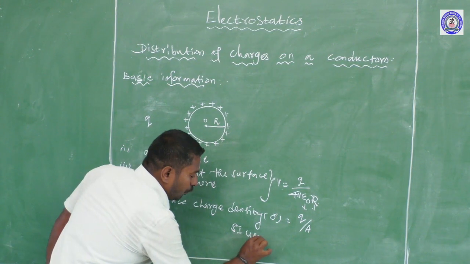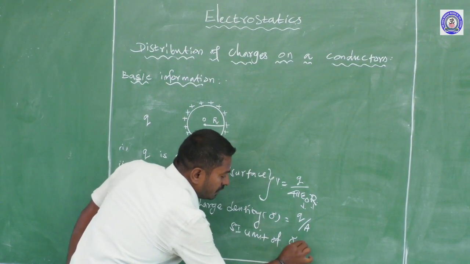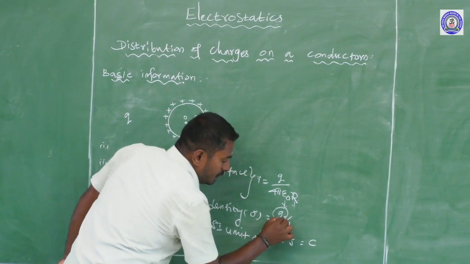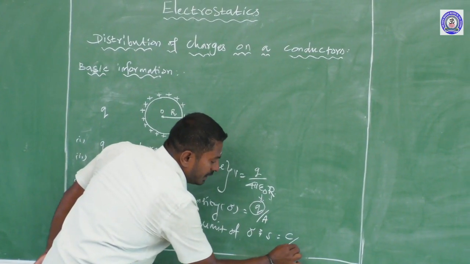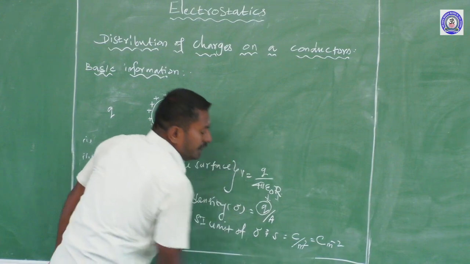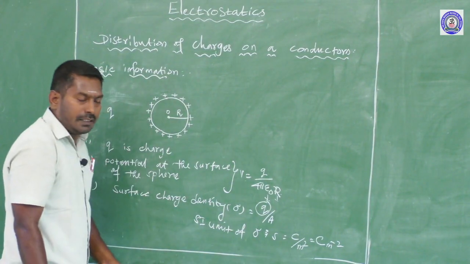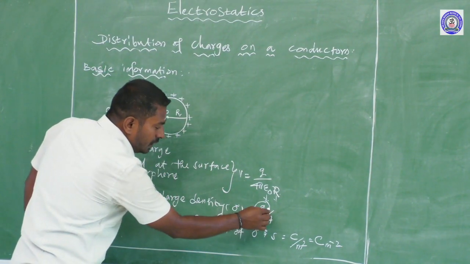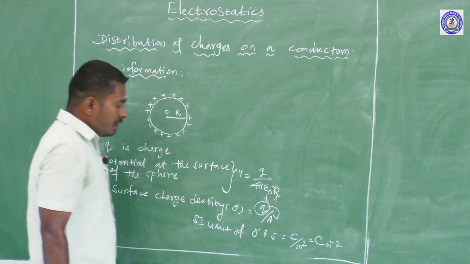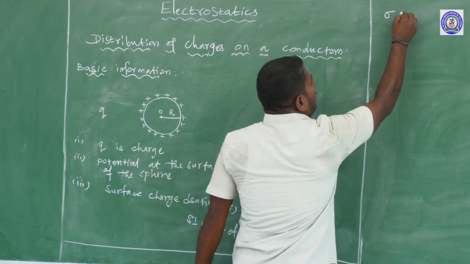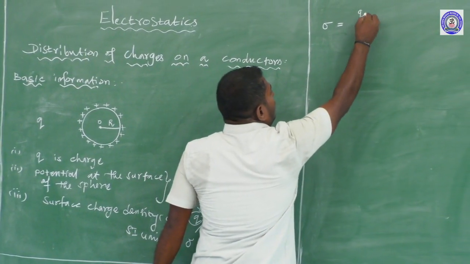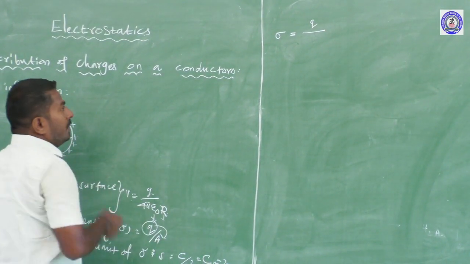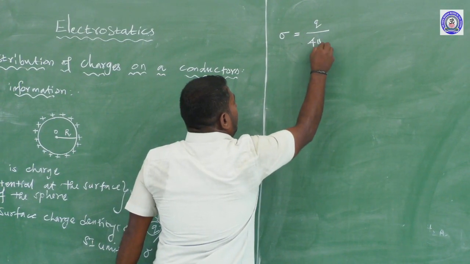The SI unit of charge is coulomb and the SI unit of surface area is meter square. So coulomb meter power minus 2 is the SI unit of surface charge density. You see that surface charge density of a charged metallic sphere is defined as charge per unit surface area. So surface charge density is equal to the charge uniformly distributed on the surface of the metallic sphere divided by the surface area of the metallic sphere, 4 pi R square.